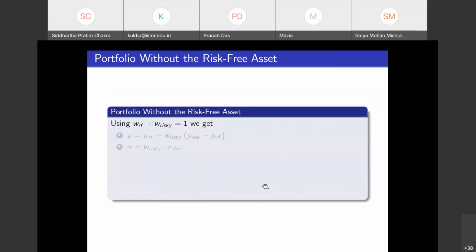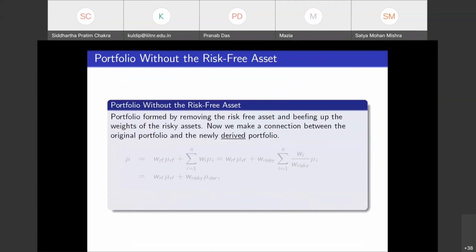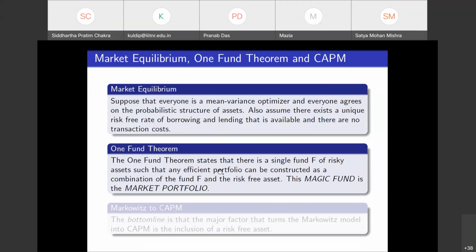Remember that since this point also lies on the efficient frontier of the Markowitz bullet, it comprises only risky assets. So this fund F comprises only risky assets, and it is our market portfolio, so that any efficient portfolio in the CAPM framework, where you must involve a risk-free asset, can be constructed as a combination of this fund F and a risk-free asset.